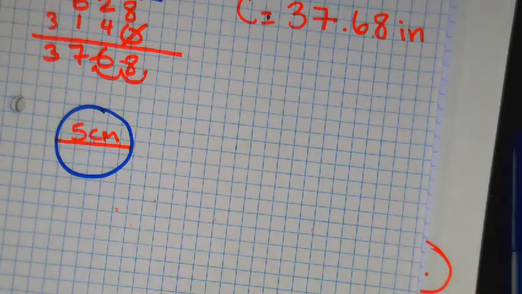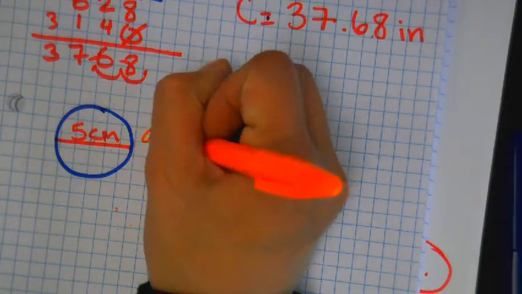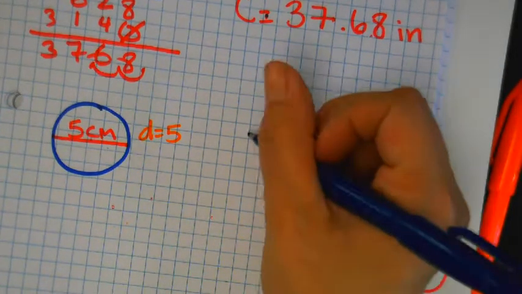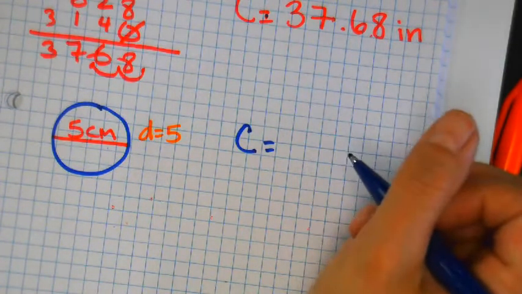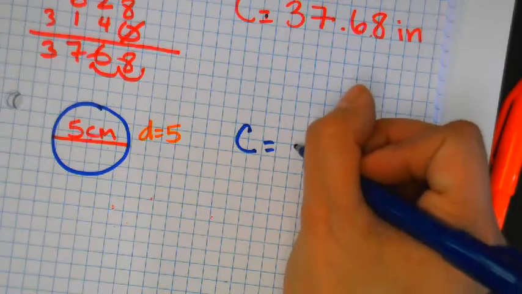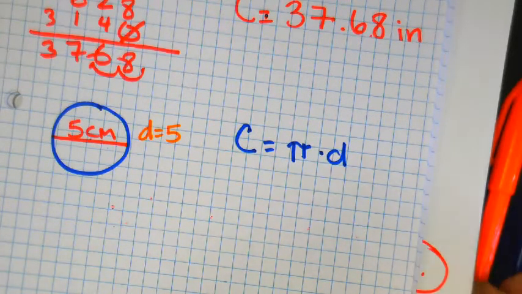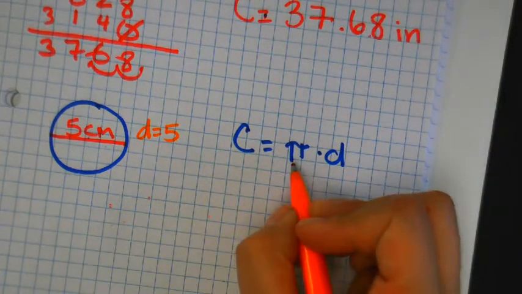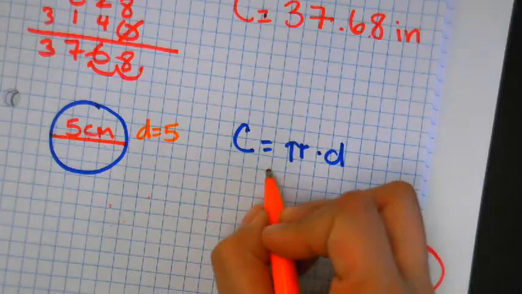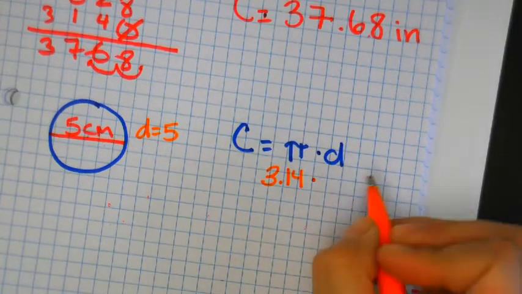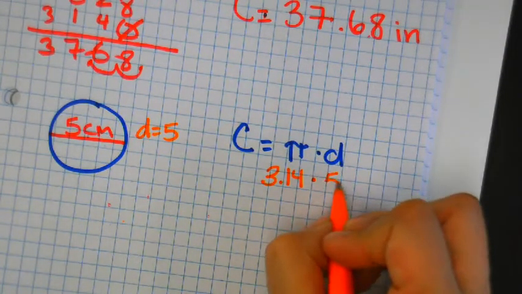So my diameter equals 5. My question is, I want to know the circumference. Circumference is equal to pi times diameter. Excellent. Good job. It hasn't changed. It's still the same. So pi is 3.14 times my diameter of 5.